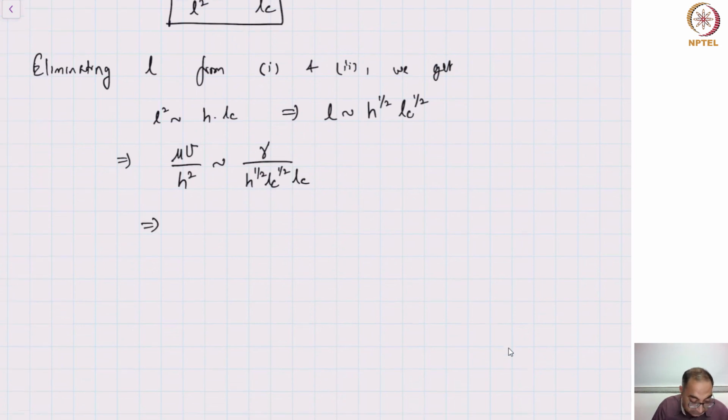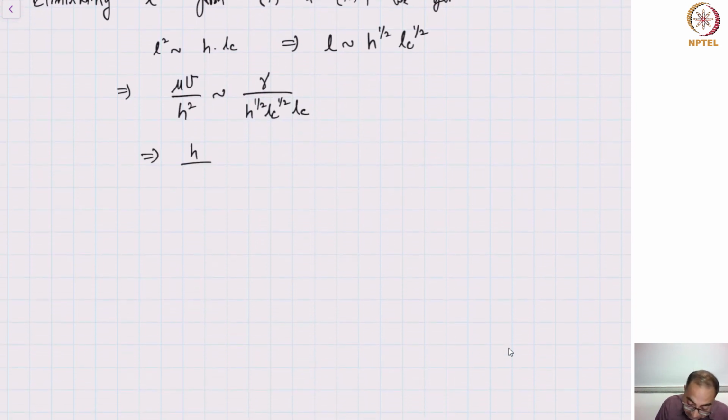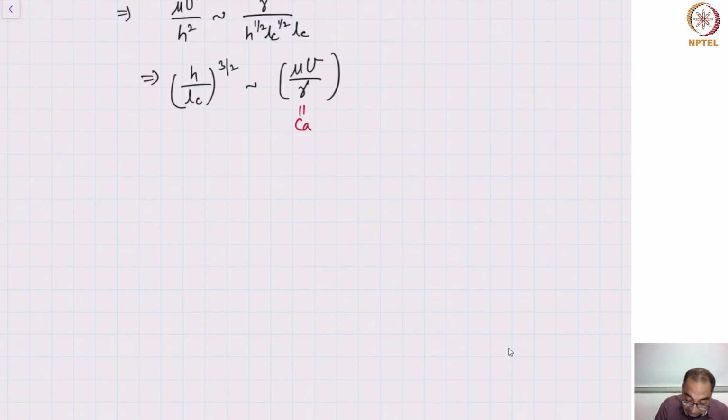And this gives me the relationship h by LC power 3 by 2 goes like mu u by gamma. You can recognize that this is the capillary number, and we get the well-known classical result. H by LC goes like capillary power 2 by 3.